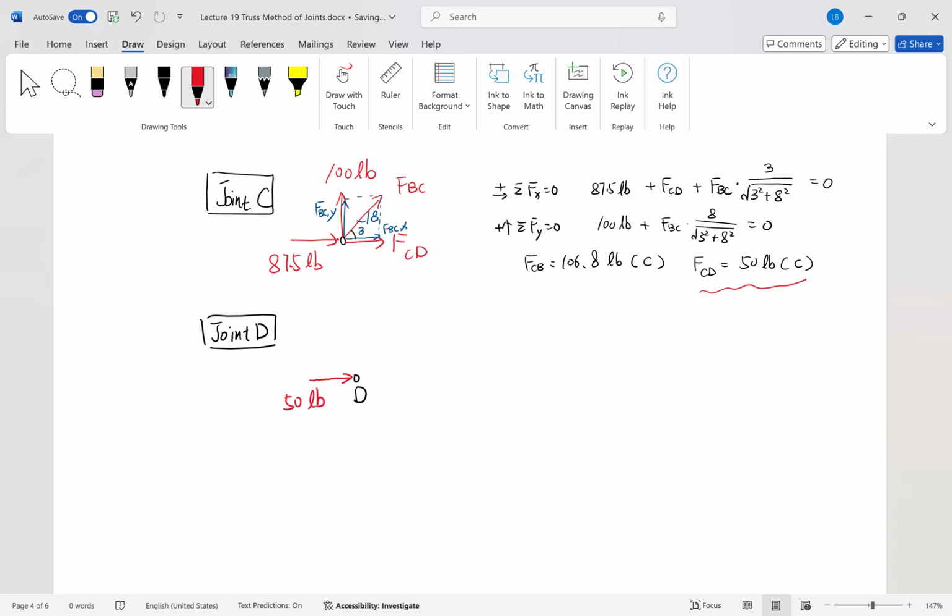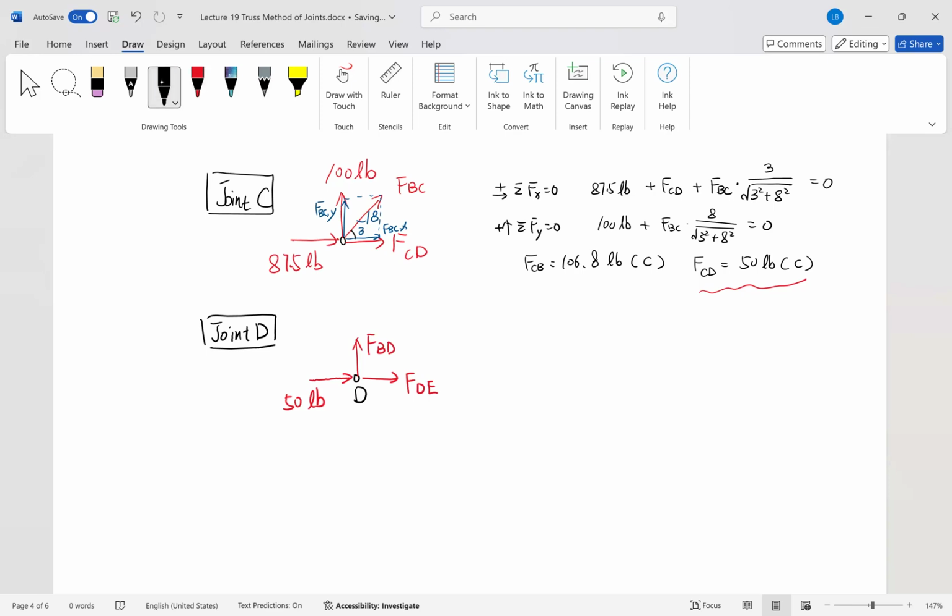That is the force in member CD. Now what else do we have? We have unknown force BD and unknown force DE here. Please note we always assume that it is a tension if we don't know that.